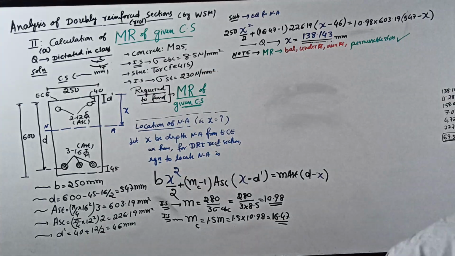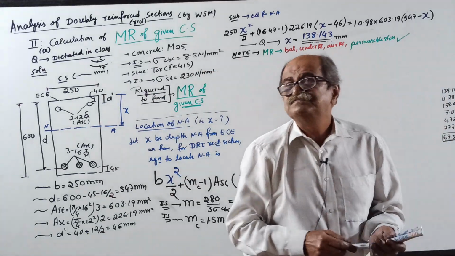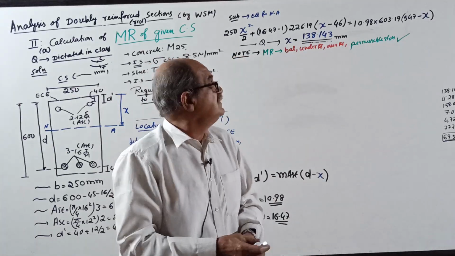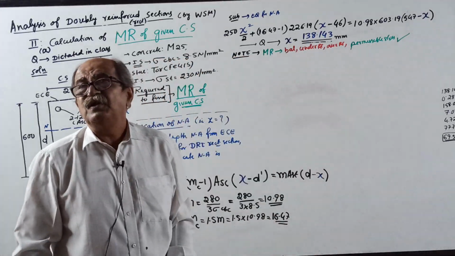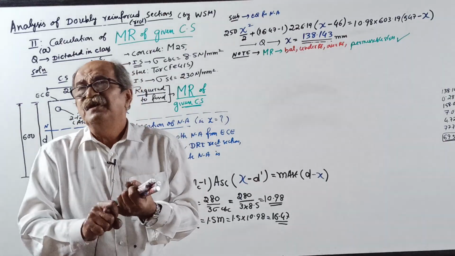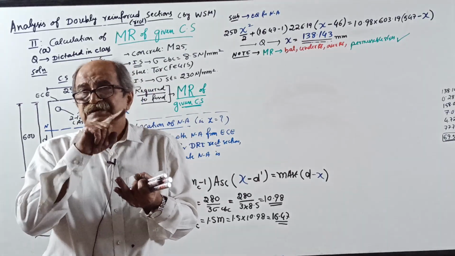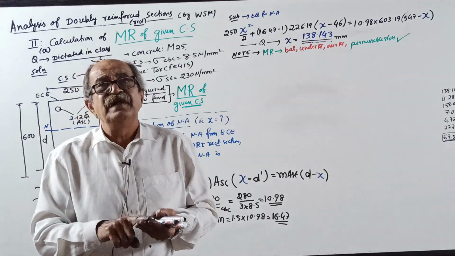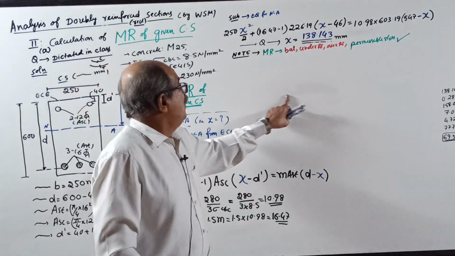The line of action of the resultant all comes from engineering mechanics, etc. So engineering mechanics, strength of materials, structural analysis, matrix method, etc.